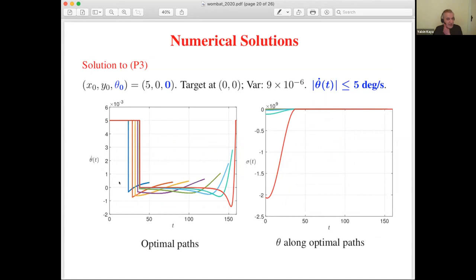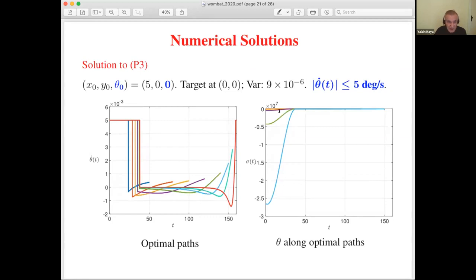So here we can check the optimality conditions by looking at the switching function. When the switching function is negative, then we get the full 5 degrees per second rate for theta. And when it's equal to 0, then we have the singular control. The scales are quite changing from one instance to the other.